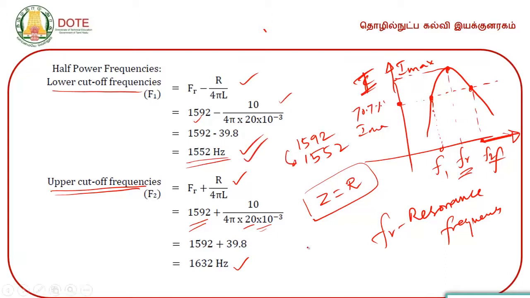Then what is the upper cutoff frequency? So, the upper cutoff frequency is 1632. So, this is 1632. So, this is 1552. So, what is Fr? It is 1592. So, it is exactly midway between the lower cutoff frequency and the upper cutoff frequency. So, hence it is correct.